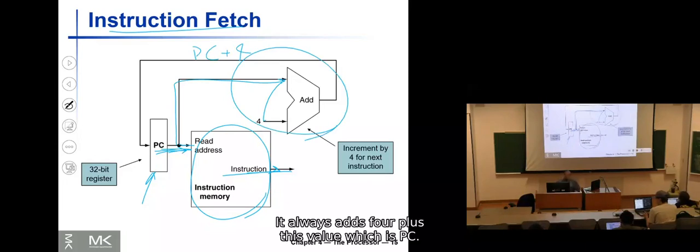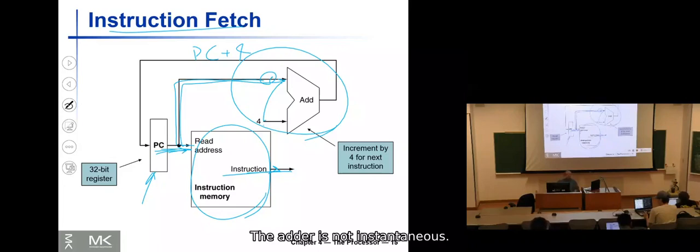It always adds 4 plus this value, which is PC. And it takes time. The adder is not instantaneous. For example, it takes 6 nanoseconds to add 2 numbers. And there are 2 32-bit numbers. Each one of them has 32 bits.